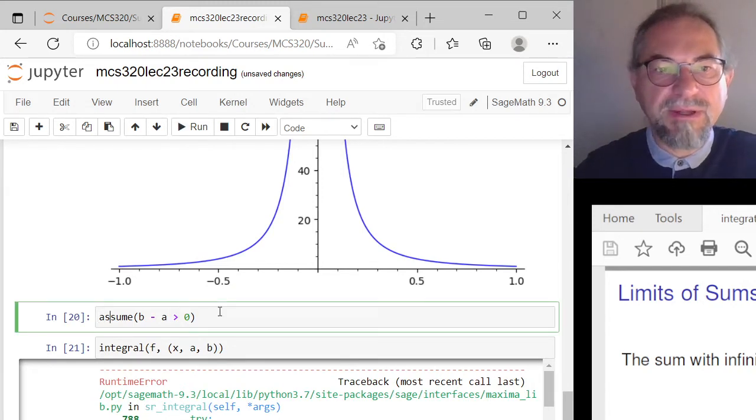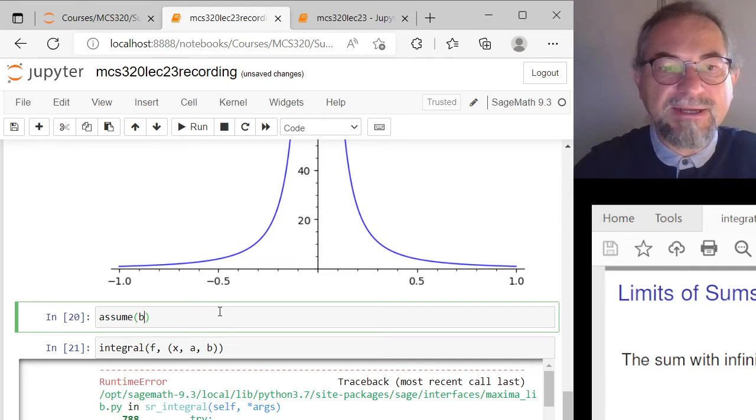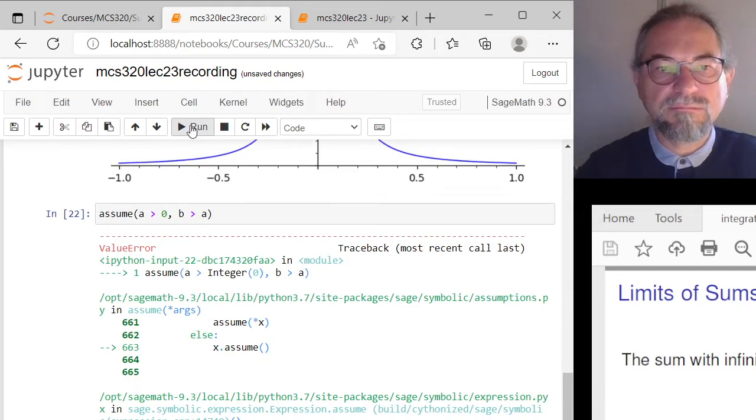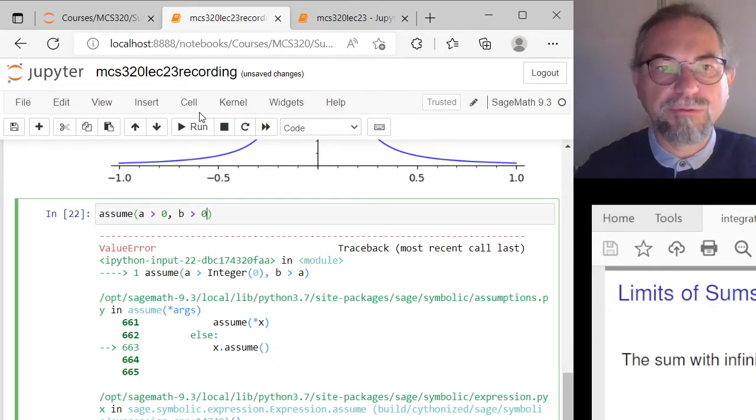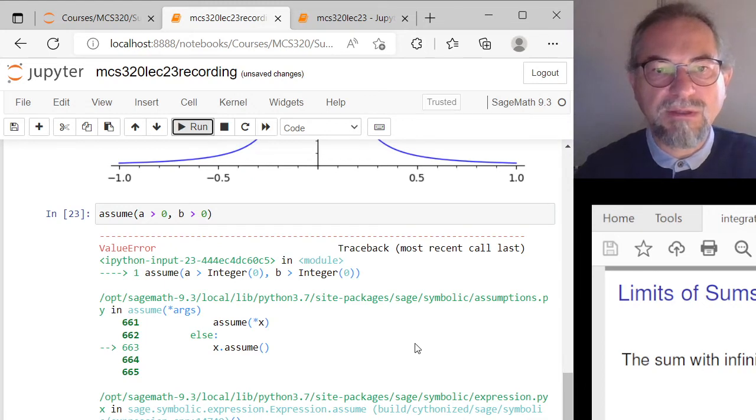Let me make it more explicit. I can avoid that a and b, so I have this assumption. Let me assume that they are both positive.